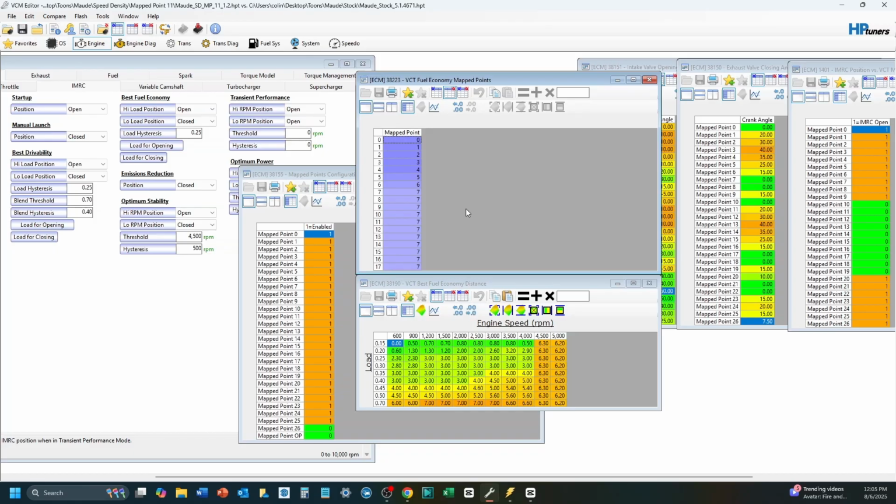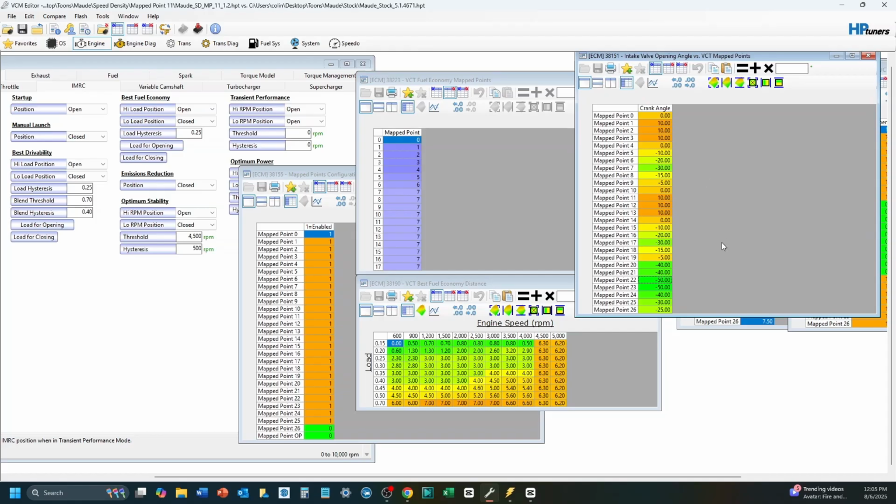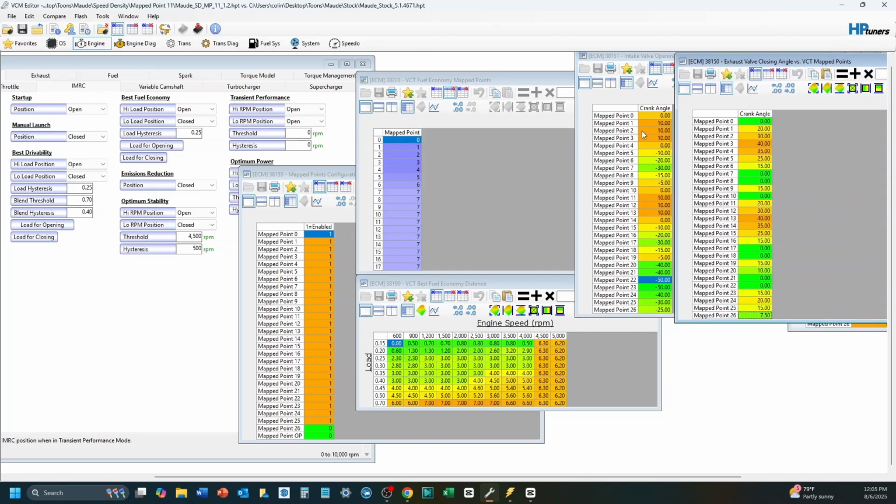Then I come up here and say, okay, this is my value 2 that I just called up. That corresponds to map point 2. So map point 2, when I come over to the mappings on the valve openings, looking at my intake and exhaust, I see map point 2, 10 degrees, map point 2, 30 degrees, all fine and well.